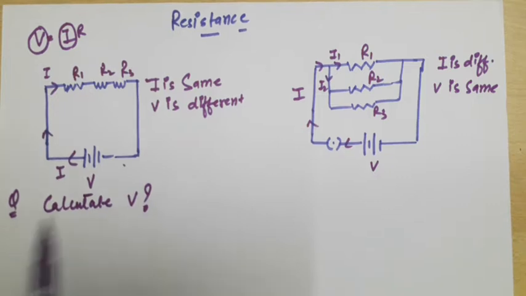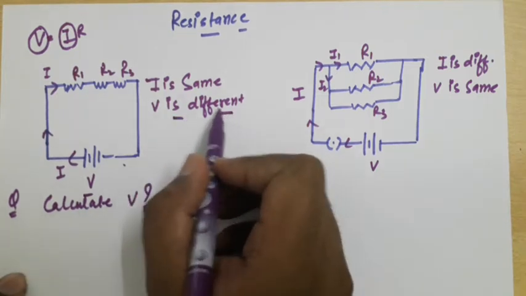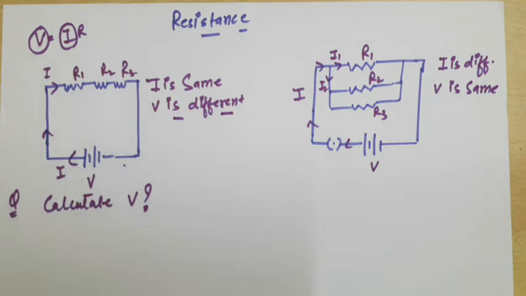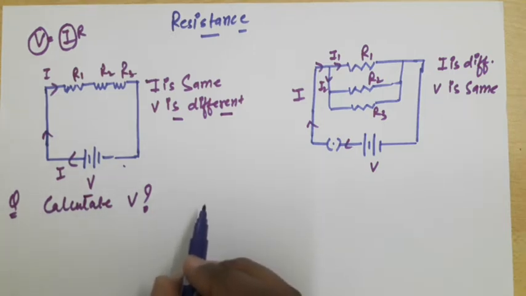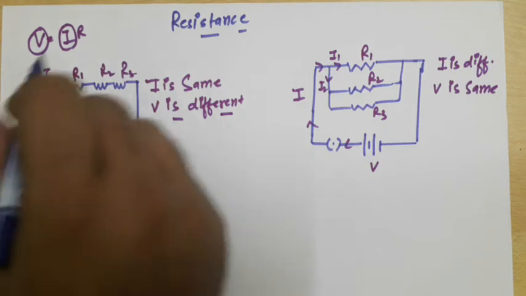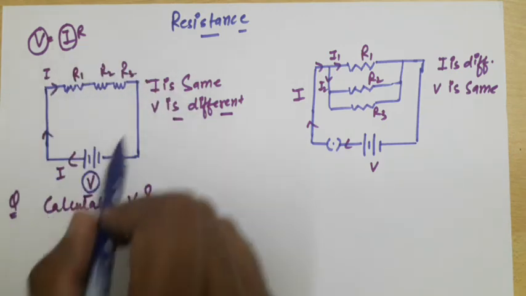Because I have already told you that V is different for the different resistors. So the V given here is for the complete circuit.